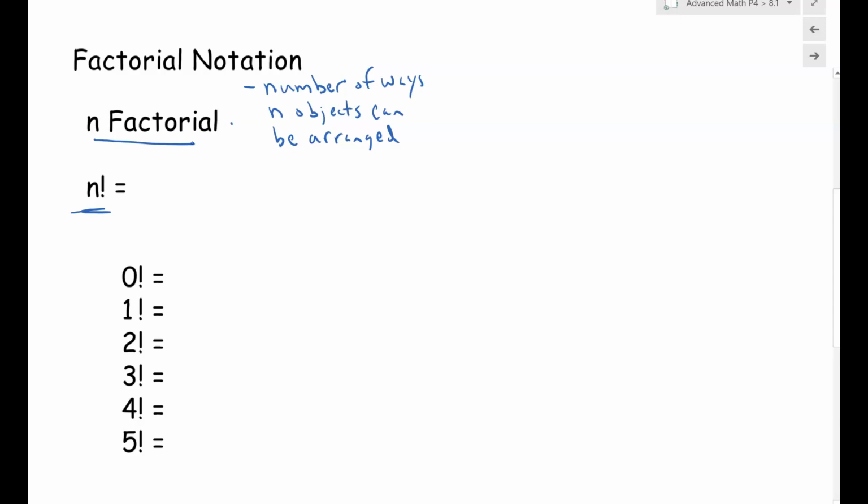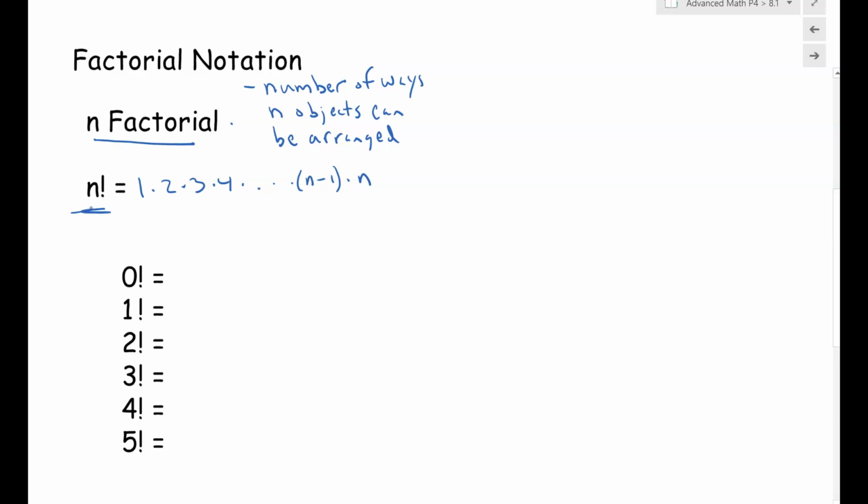Well, what is it? Basically, you start with 1 and you multiply by the next number in the series, then times 2, times 3, times 4, all the way up to n minus 1 times n. In other words, you start with 1 and work your way all the way up to whatever that n is.